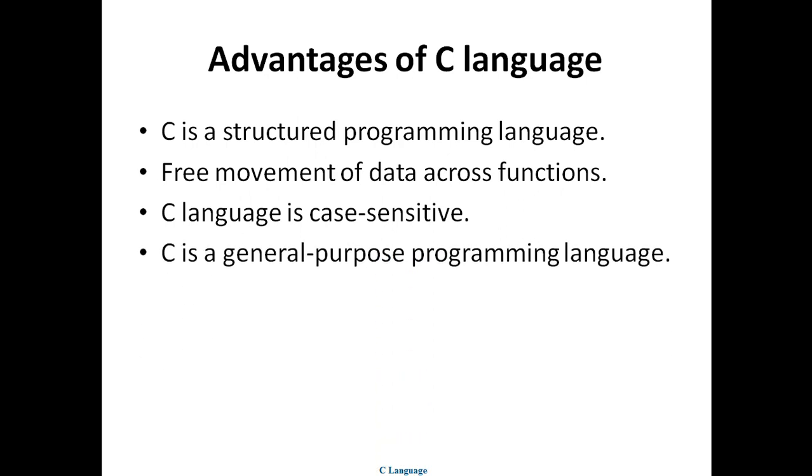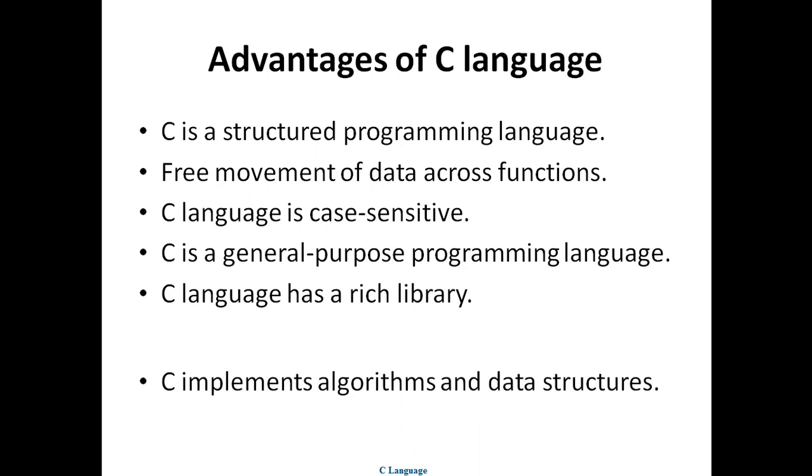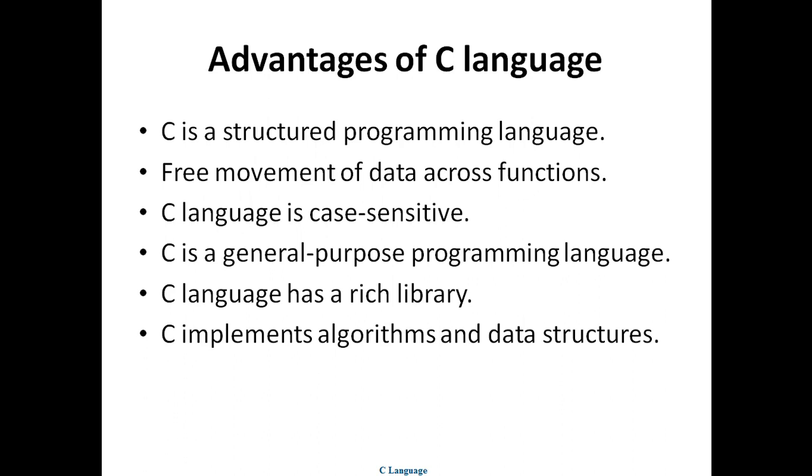Then C is a general purpose programming language, wherein it will be like your general English. C has a rich library because there are so many people who have written programs in C language, and those can be used as libraries nowadays. We can implement algorithms and data structures.